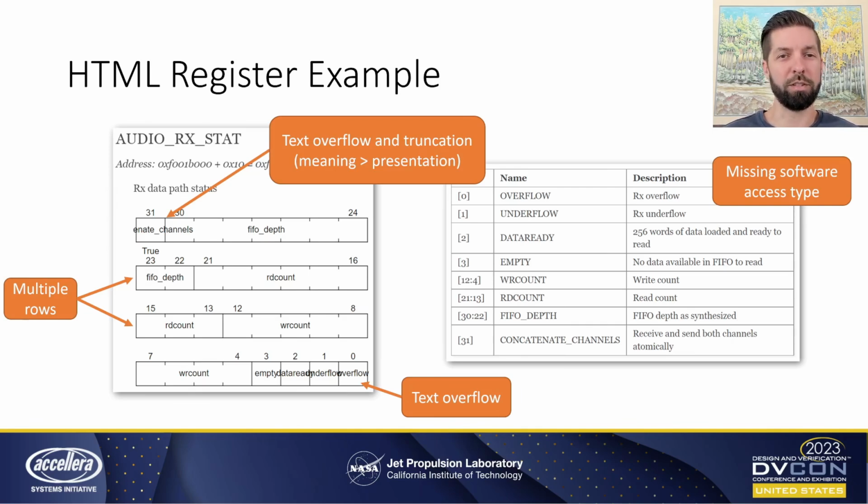And another example of this, quite coincidental, is that there's a field called overflow where the text itself overflows in bit 0 there. And this doesn't even provide a reset value for the register nor the fields.